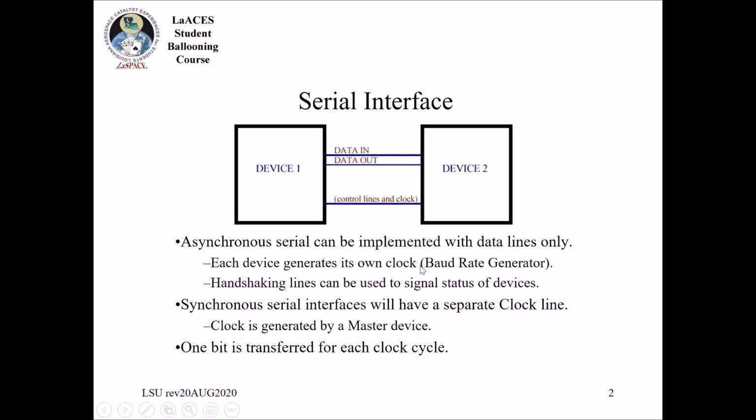An example is a baud rate generator. Handshaking lines can also be used to signal the status of devices. A synchronous serial interface will have a separate clock line. The clock is generated by a master device, and then 1 bit is transferred for each clock cycle.